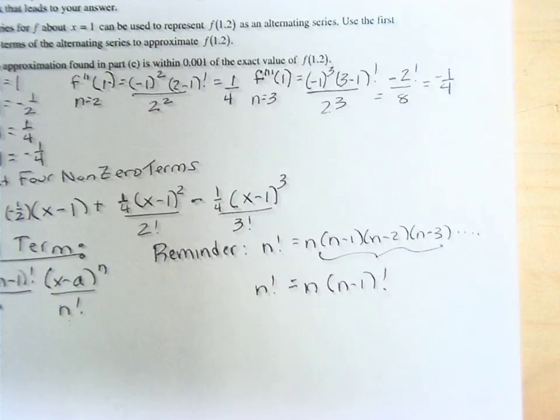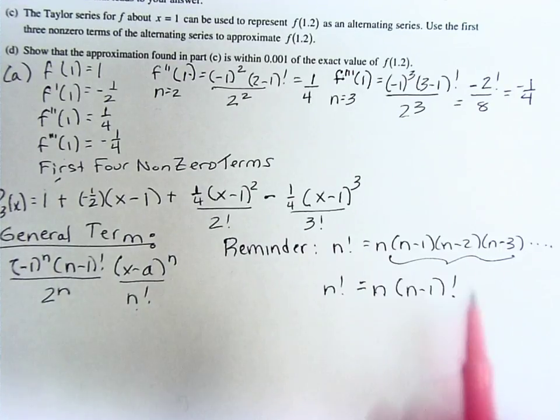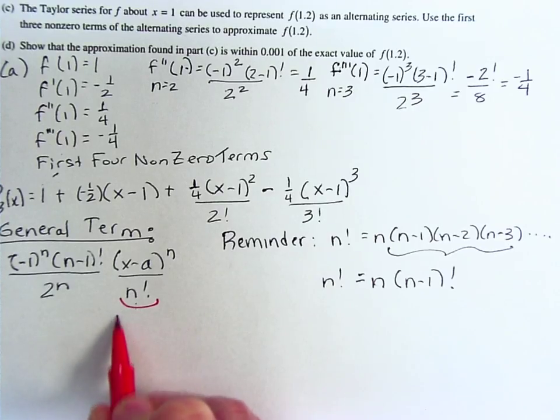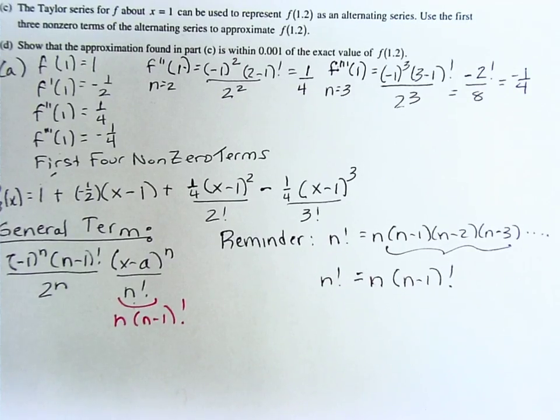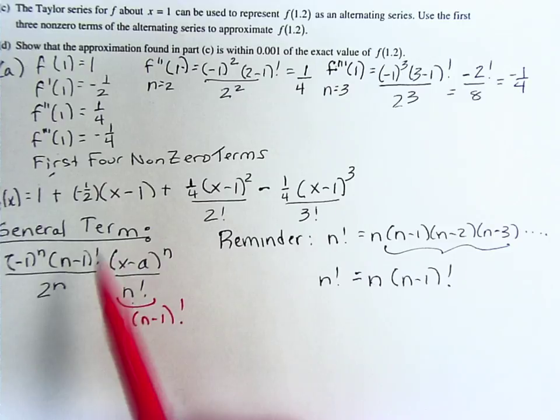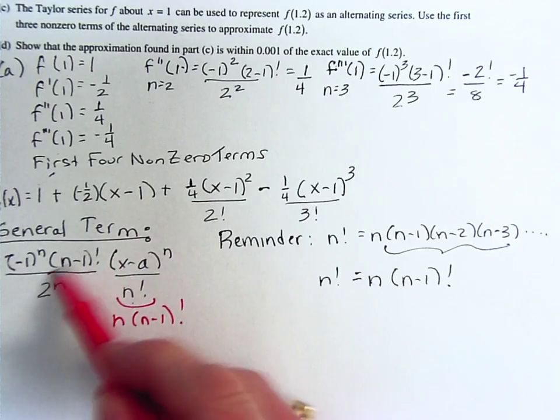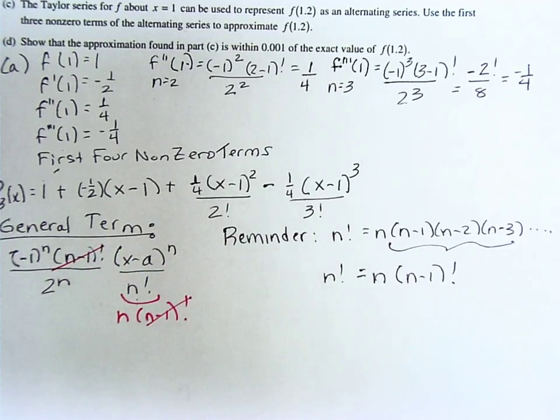So that means this part down here could be rewritten as n times (n minus 1) factorial. And if you do a careful study of numerator and denominator, the reason I did that is so that I could cancel those terms. So this is going to cancel this.